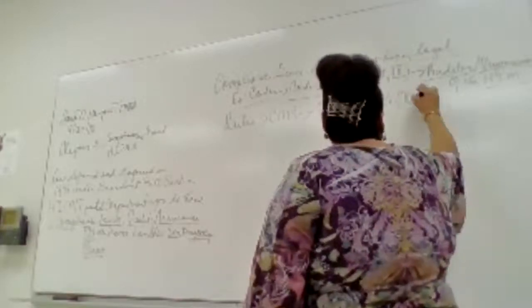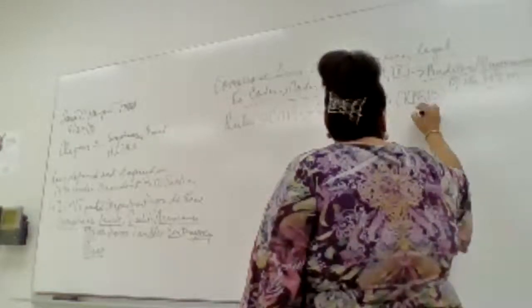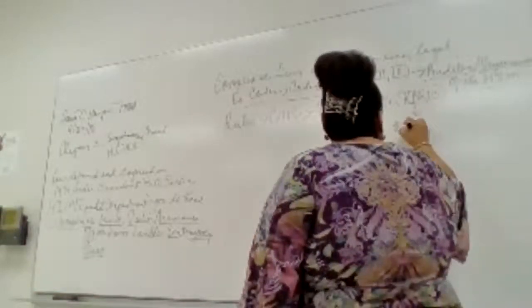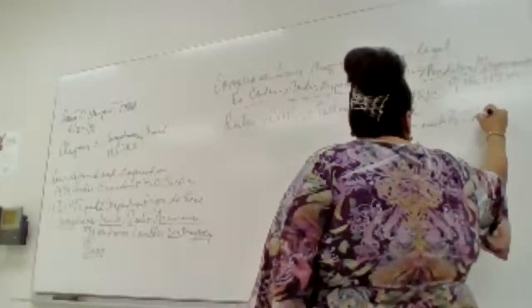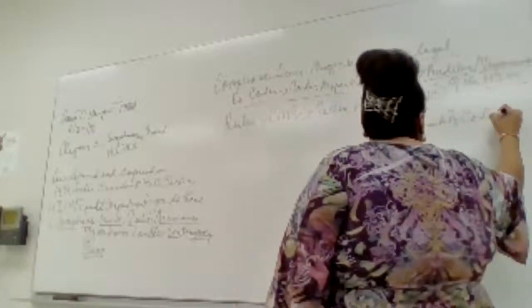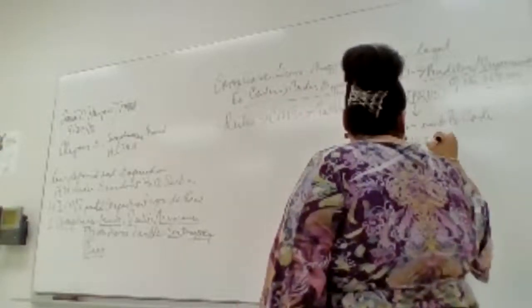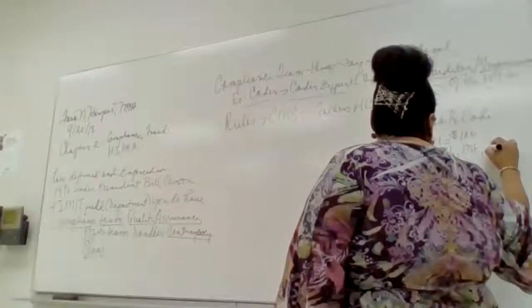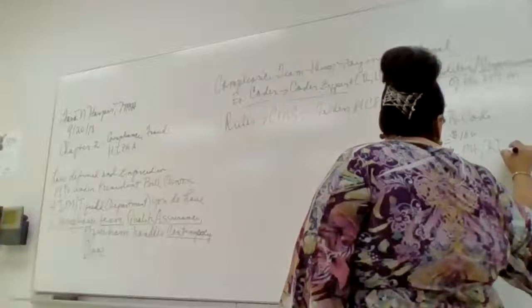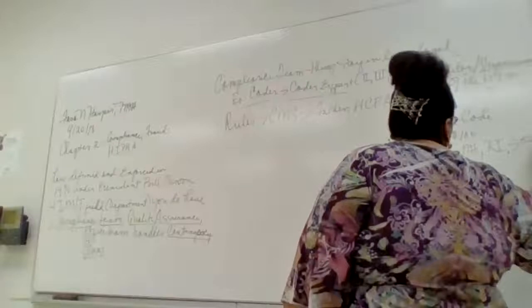They define the RBRVS. They define the money for each procedure code. Remember I told you, by example, 99201 is the same in Montana, Rhode Island, throughout all 50 United States. They can't rip off anybody.